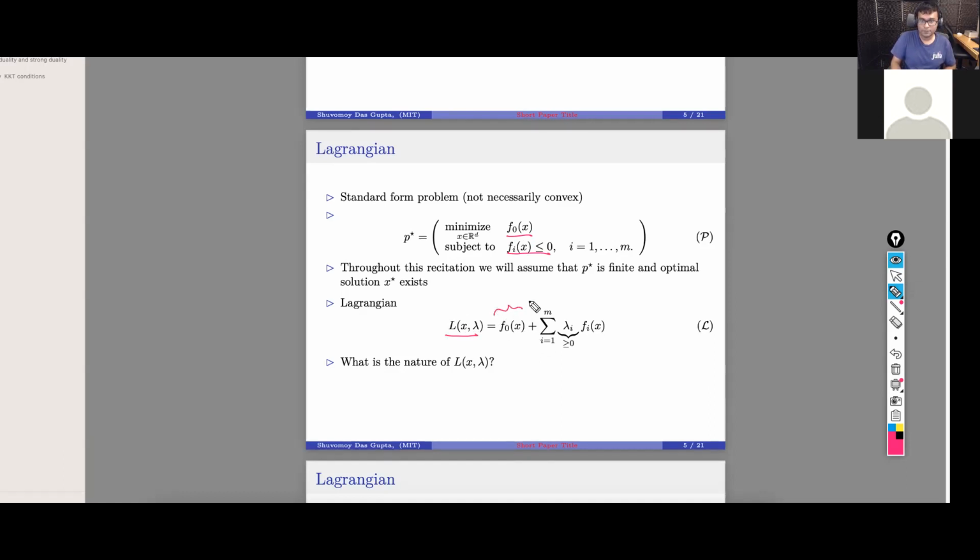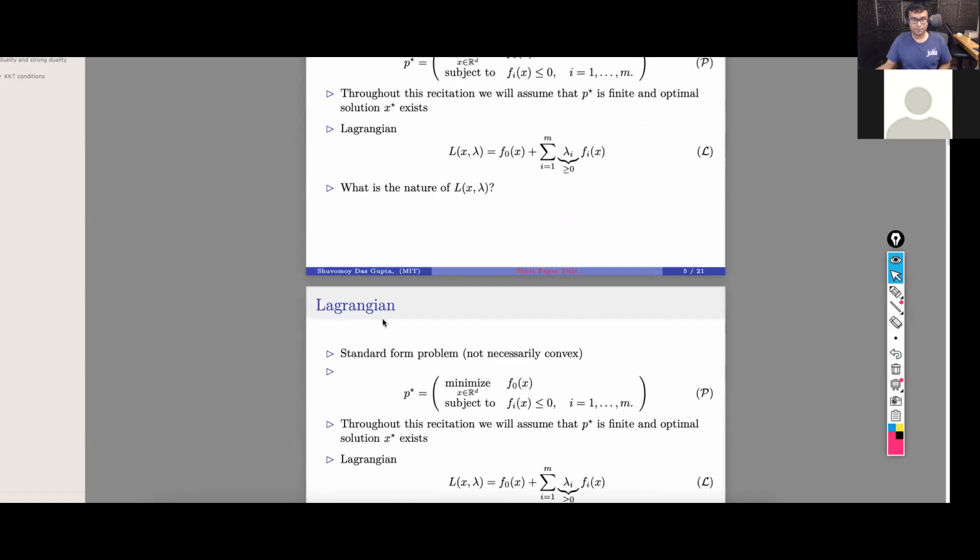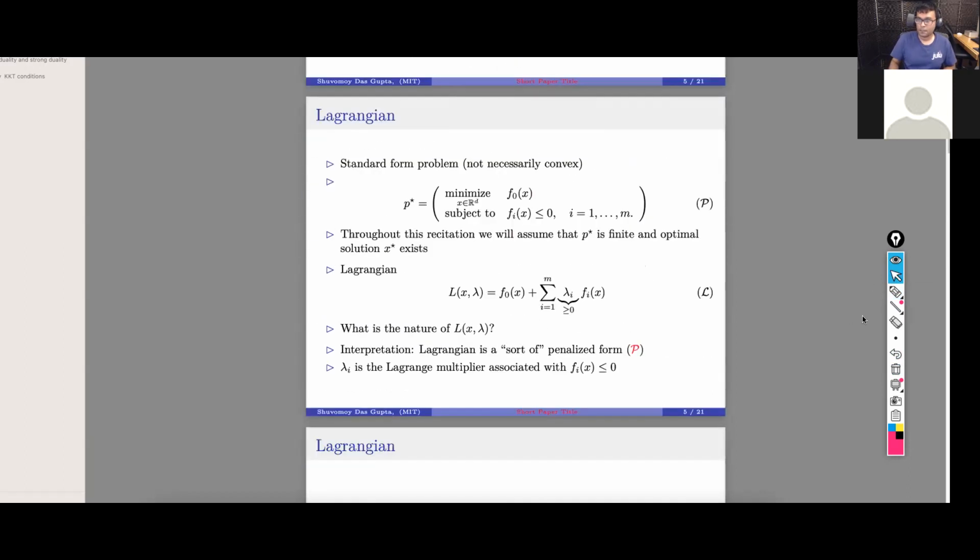You take the objective, you take the inequality constraints, multiply each inequality constraint's underlying function with some positive penalty parameter lambda I, which is also known as the dual multiplier, and add all these things together. When you do that, this Lagrangian becomes a penalized version of the original problem.